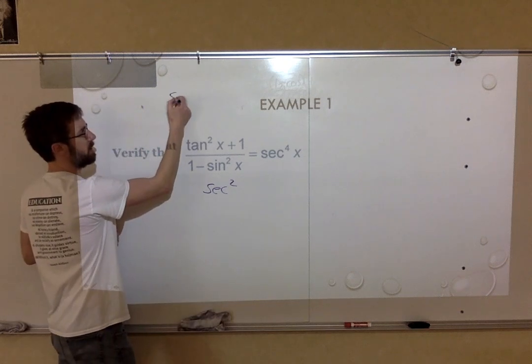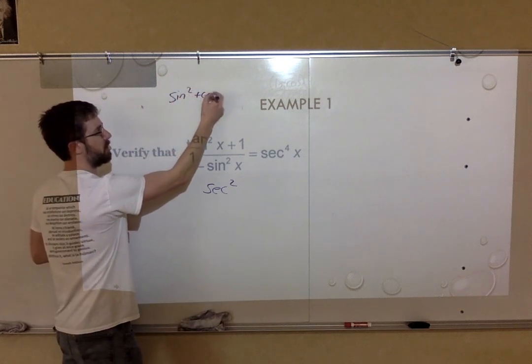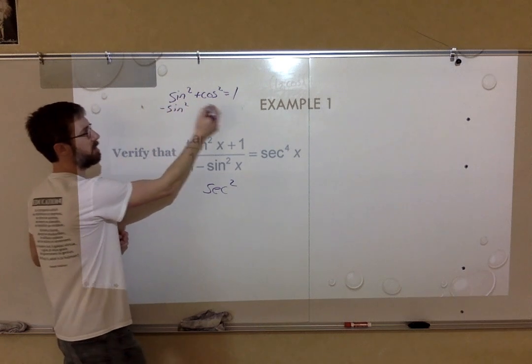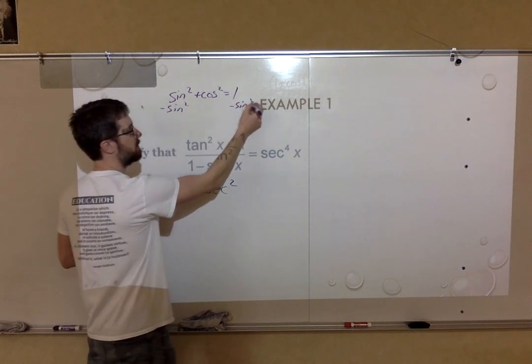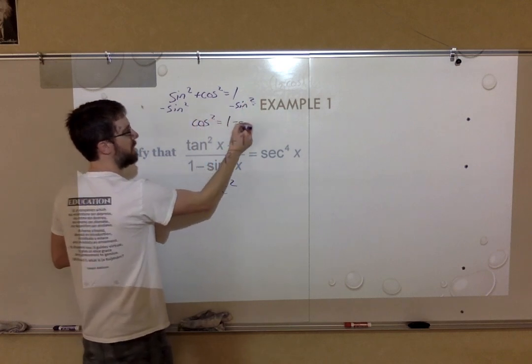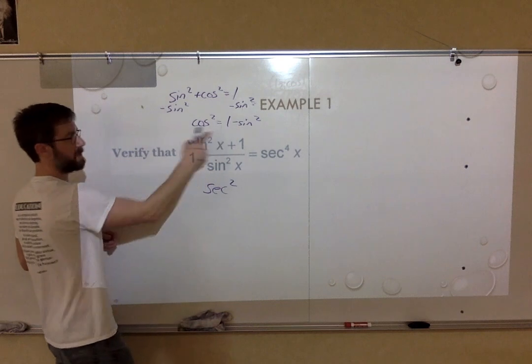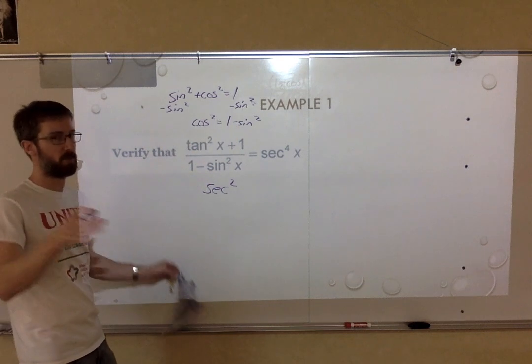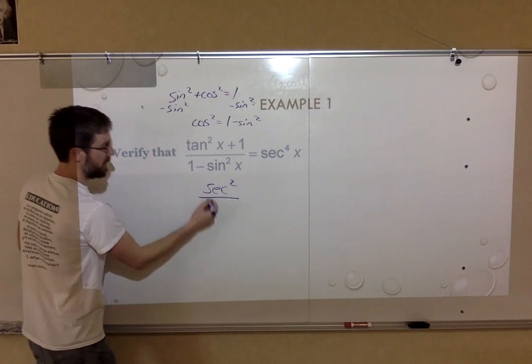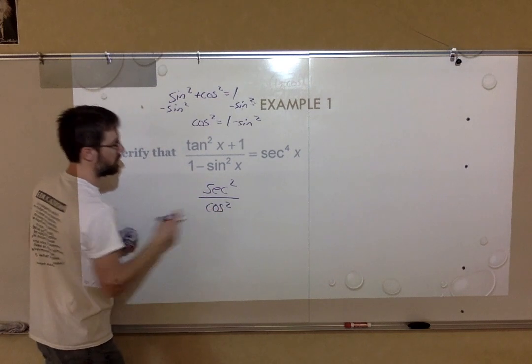If I look at the Santa Claus one, sine squared plus cosine squared equals 1. Well, if I subtract sine squared from both sides, I get cosine squared equals 1 minus sine squared. So 1 minus sine squared is equal to cosine squared. Super common one going forward. So this denominator can be changed to cosine squared.